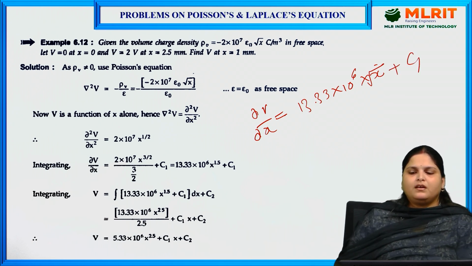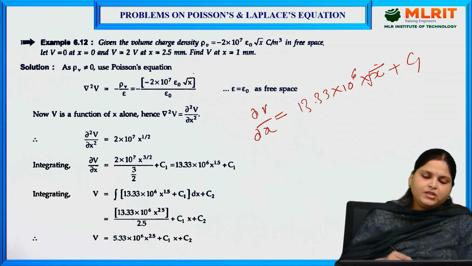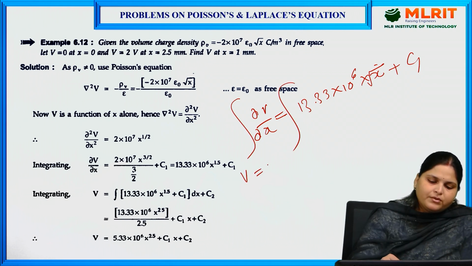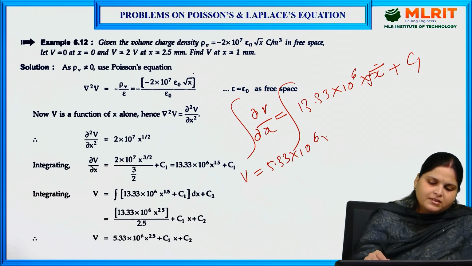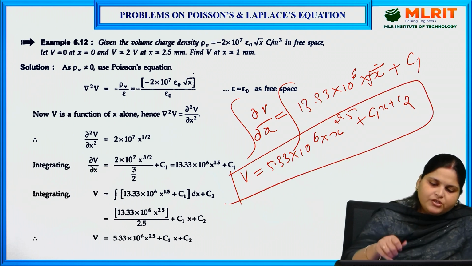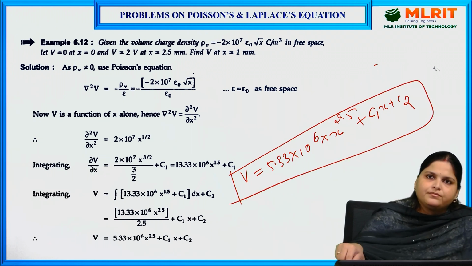Again we have to integrate and we will get V is equal to 5.33 into 10 to the power 6 x, where the power of x will become 2.5, plus c1 x plus c2, and this is the equation of voltage, right?